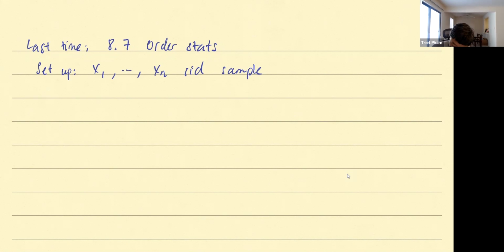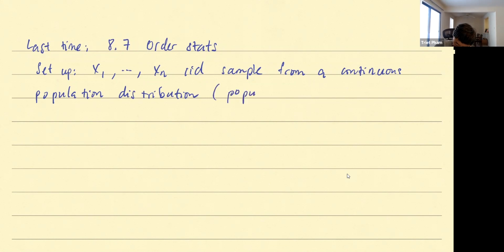All right, so from a continuous population distribution, and popular choices, uniform or exponential.